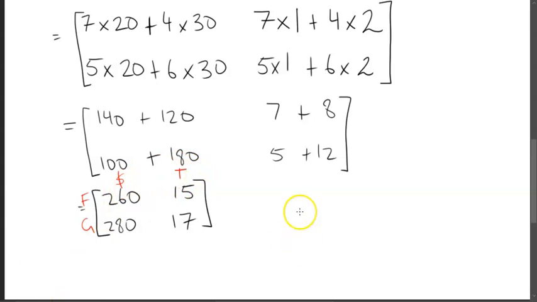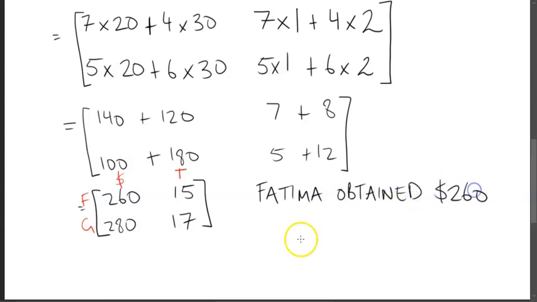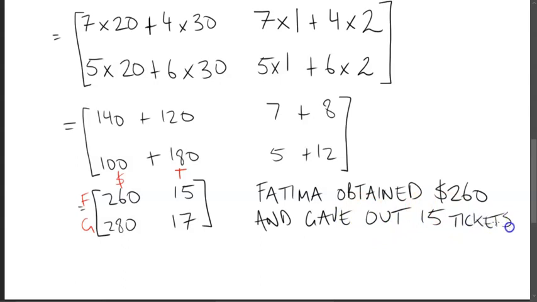So when we do our interpretation of this, all we would just need to say is Fatima obtained $260 and gave out 15 tickets, where Gaia obtained $280 and gave out 17 tickets.